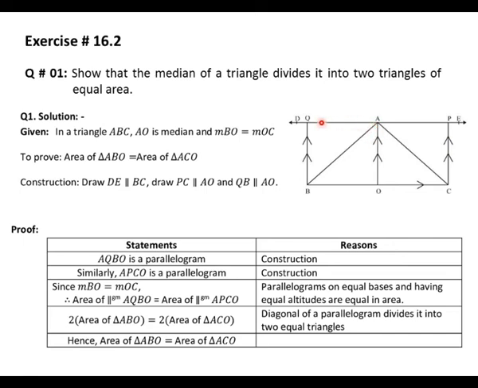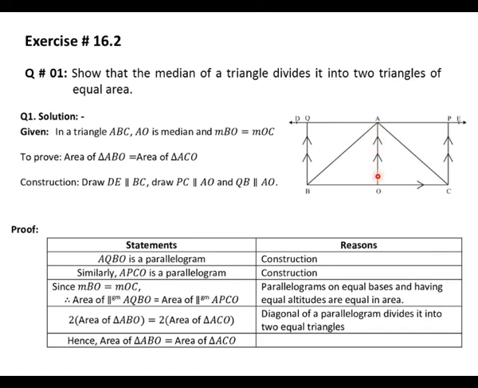So we can say AQBO is a parallelogram, by construction. Similarly, APCO is a parallelogram as well. In the construction we have drawn AP parallel to OC and PC parallel to AO. So we can say that APCO is a parallelogram.